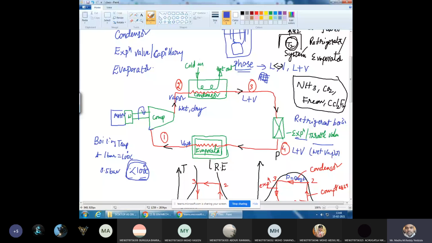Then only can heat flow from the evaporator to the refrigerant. The refrigerant enters as liquid plus vapor and absorbs latent heat from the space or objects to be cooled. Therefore, this liquid is converted into vapor. Only vapor comes out of the evaporator, but the entry is partly liquid plus vapor.